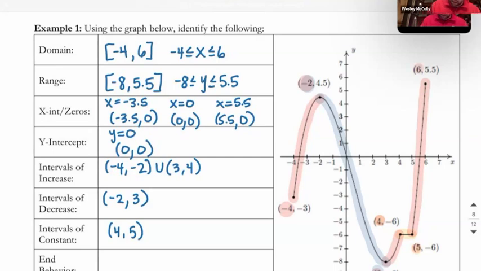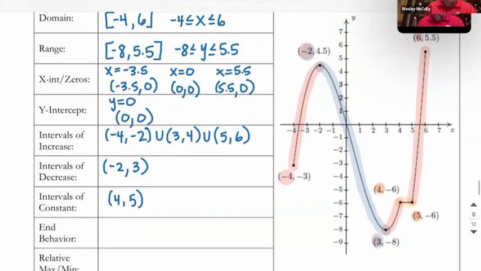So this interval of increasing, we need to add to this box, so we need another union. So we have 5, 6. And those are our intervals of increase, decrease, and constant.